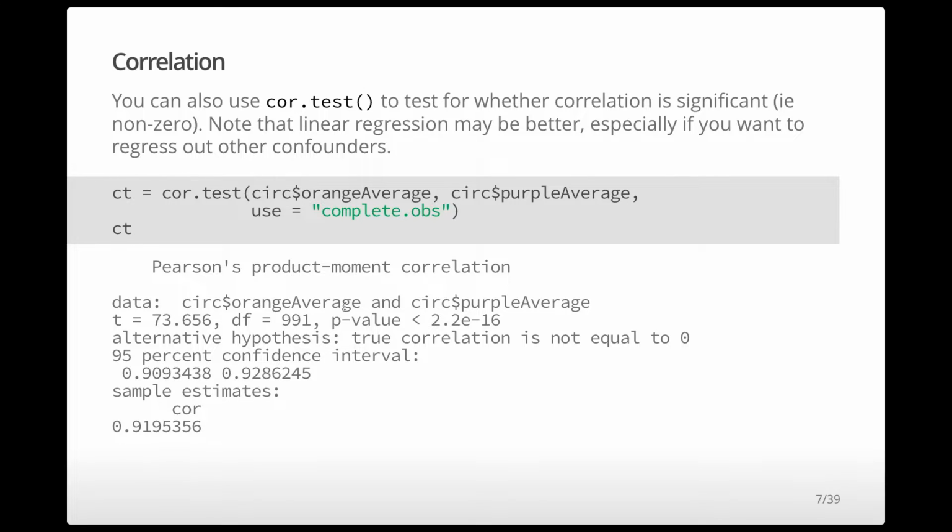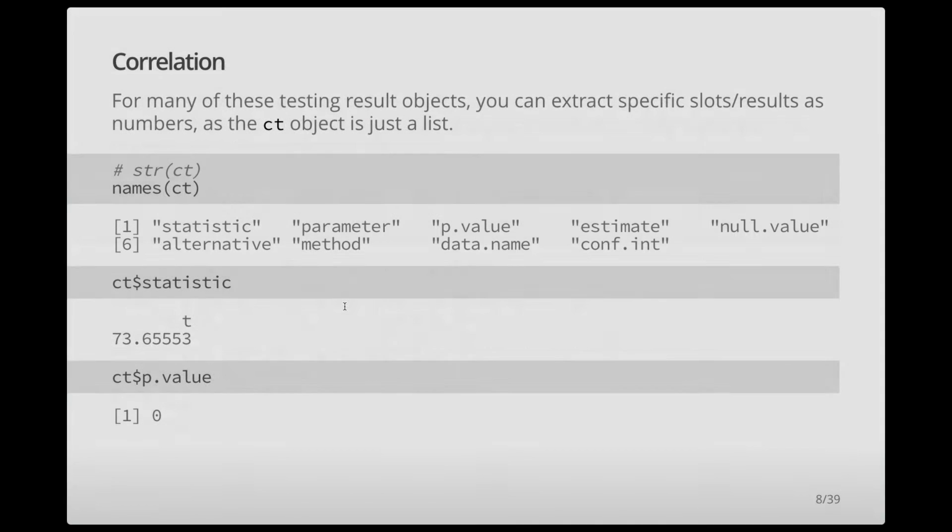So then it gives you the confidence interval for the correlation, and it gives you the estimate. So this should be equal because we use the same complete observations. This should be exactly the same output as cor. Okay? Now, if you look at this thing, we can look at the names of this list. So what are these things named as?